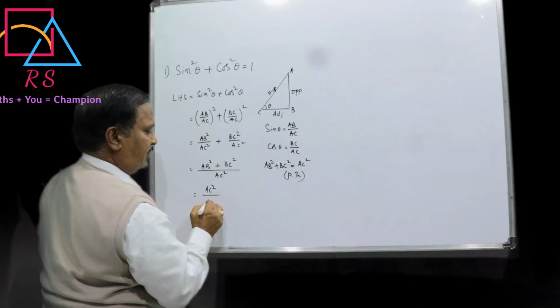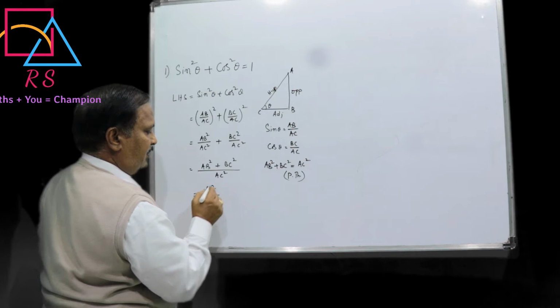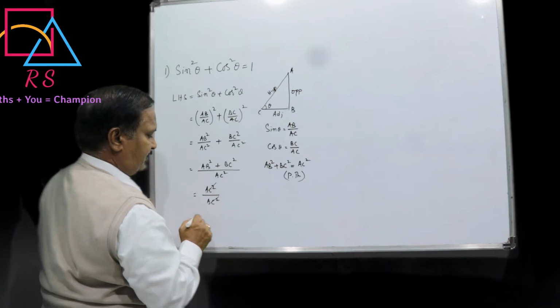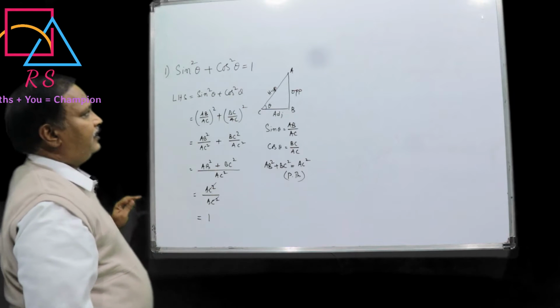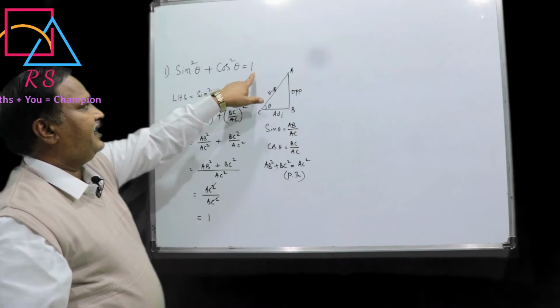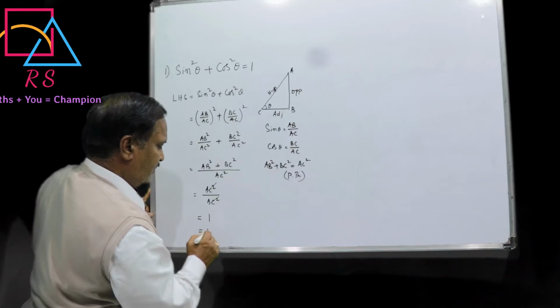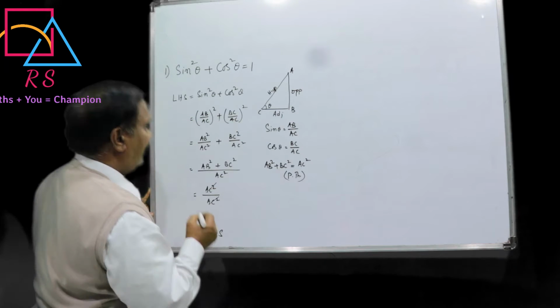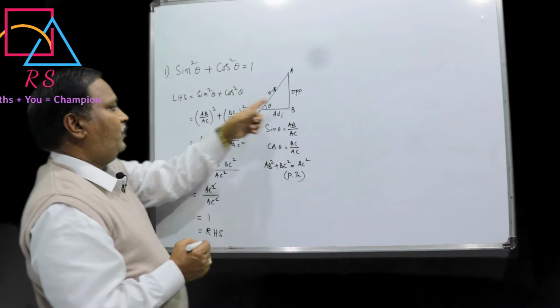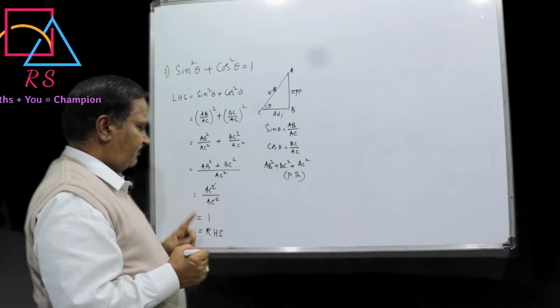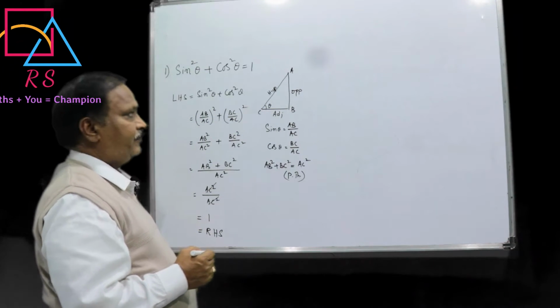So AC square upon AC square, these two get cancelled, which is equal to 1. Now we have arrived at the right hand side. That means we took the left hand side, applied the definitions and finally got 1.